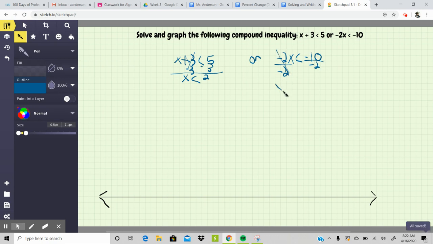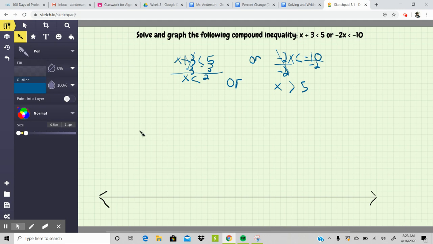I get x, but remember when we divide by a negative with an inequality, that flips the sign. So dividing by negative 2 makes everything the opposite of what it used to be. So it's going to be now greater than. And negative 10 divided by negative 2 is a positive 5. So x is less than 2, or x is greater than 5.